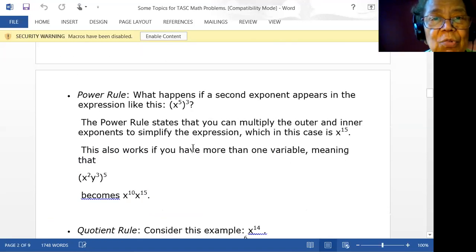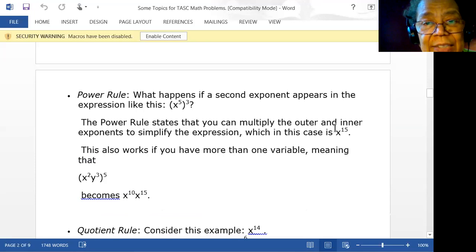Now, the power rule. If you have a second exponent in the expression, in other words, you have an exponent in the parentheses, and outside the parentheses, another exponent, the rule is you multiply the outer and the inner exponents. So that means x to the 5th, all raised to the 3rd power, will be 5 times 3, or x to the 15.